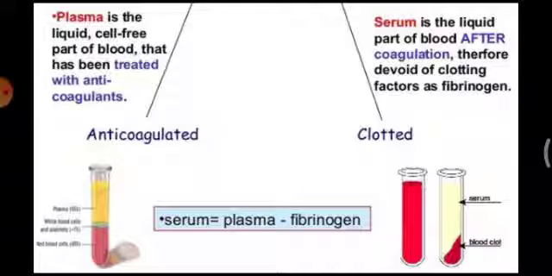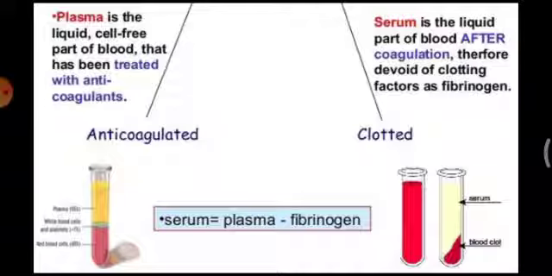What is serum? If you take the blood and, in the absence of anticoagulants, leave it for a certain time, it will clot, and the clotted blood settles at the bottom, and the liquid part above, free from anticoagulants, is called serum. Serum is the liquid part of blood after coagulation, therefore devoid of clotting factors, for example fibrinogen.